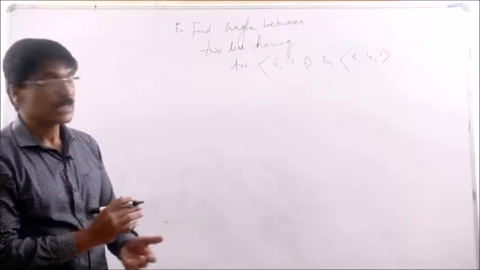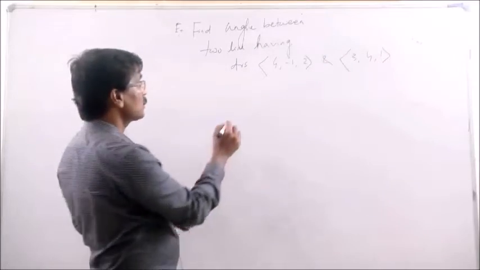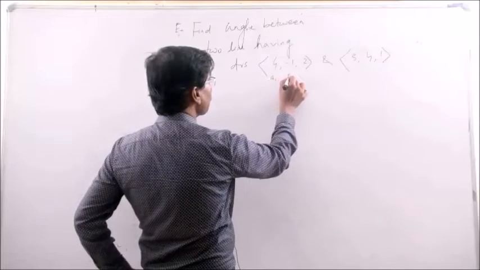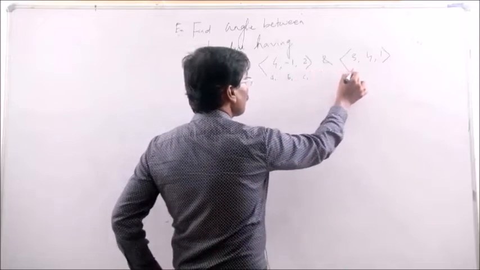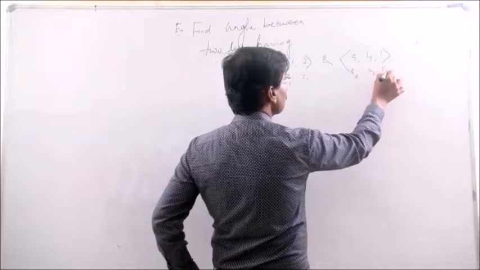So, two lines having direction ratios. So, this is your a1, b1, c1 and a2, b2, c2.